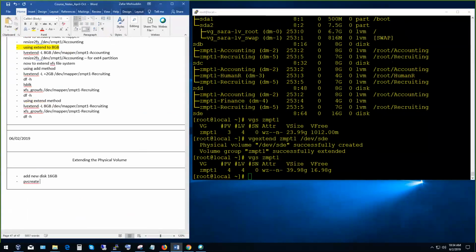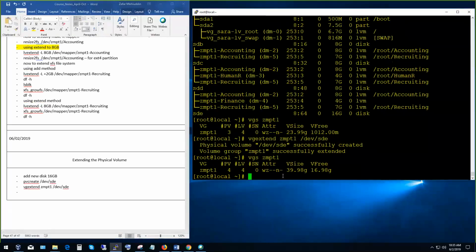What is pvcreate? pvcreate is physical volume create, /dev/sde, and then vgextend ZMPT1 /dev/sde. Okay. All right.